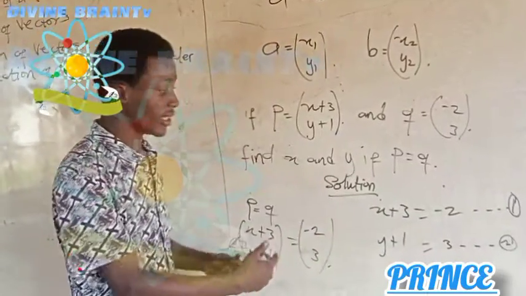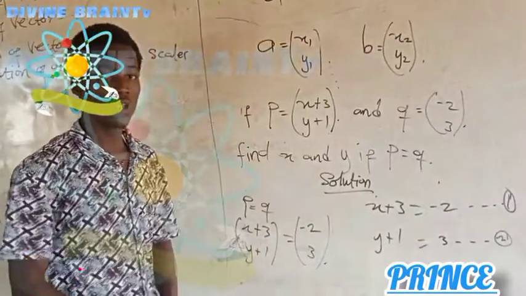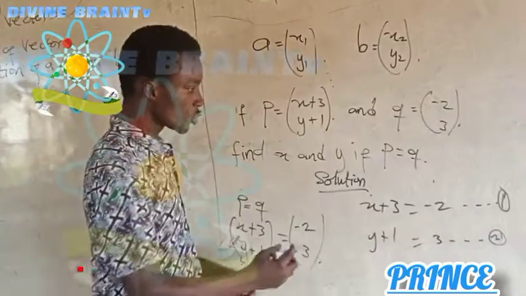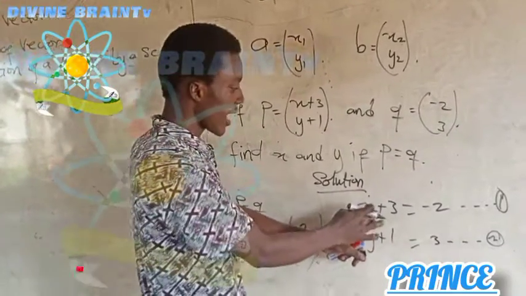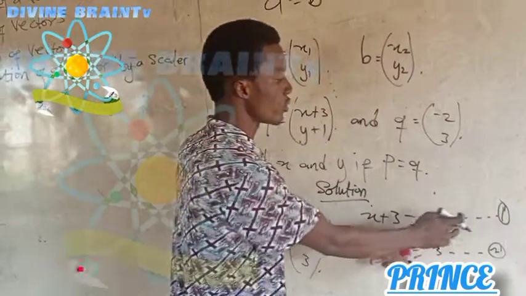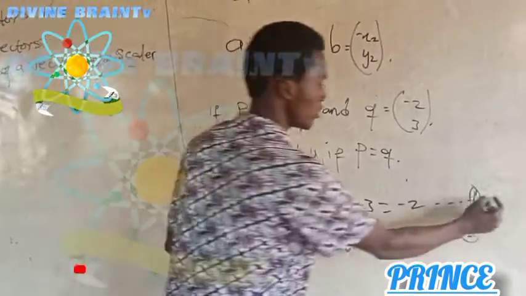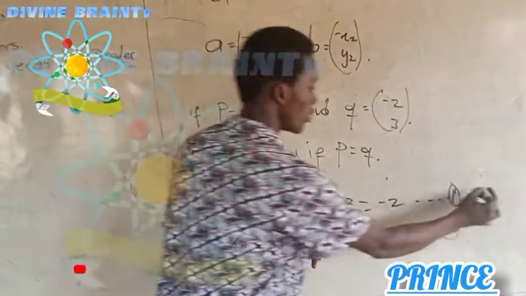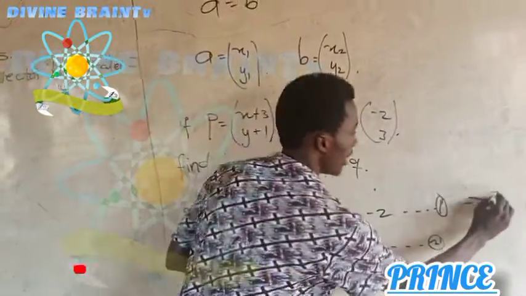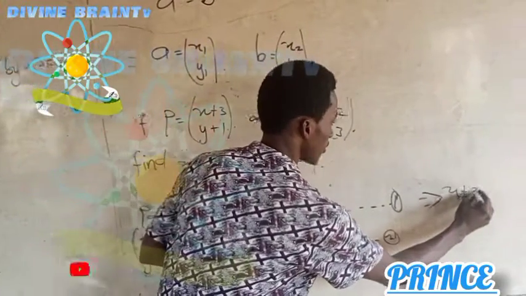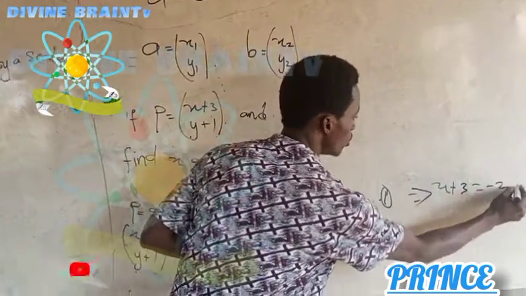So please, let's first solve equation 1. Equation 1 says x plus 3 is equal to minus 2.